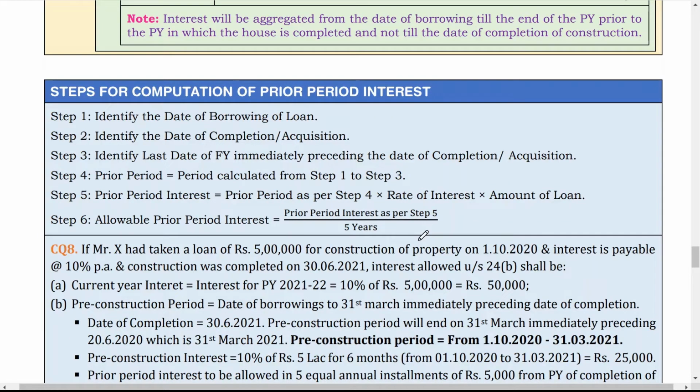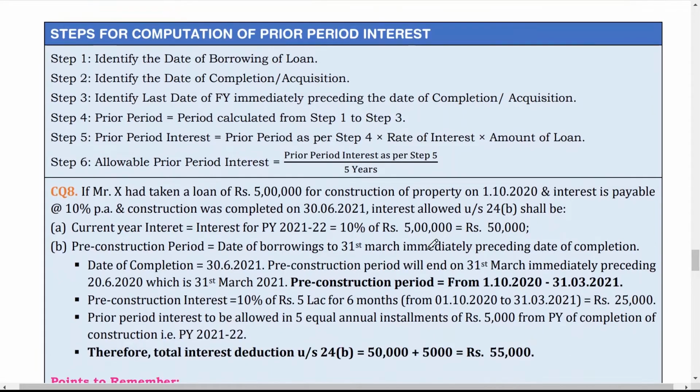For understanding all these points, we will take one example so that you get a complete understanding. Now the steps for computation of pre-construction period interest. Step 1, identify the date of borrowing of the loan. First of all, let us keep in mind this question. If Mr. X had taken a loan of rupees 5 lakh for construction of the property on 1/10/2020, what is your date of borrowing here?